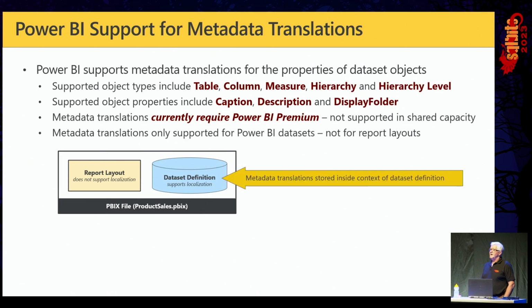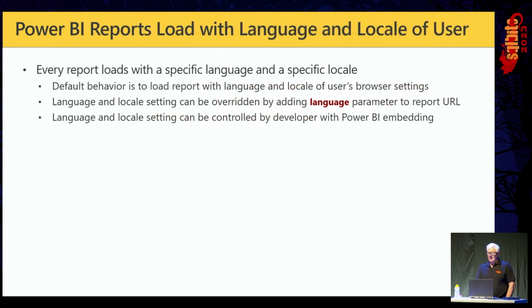And definitely the last thing to see is that the report designer is completely ignorant of translations. Anytime you go to the report designer and you hard code in text, that will never support translation. So it's always something that's in the data set that you need to use to support translations.